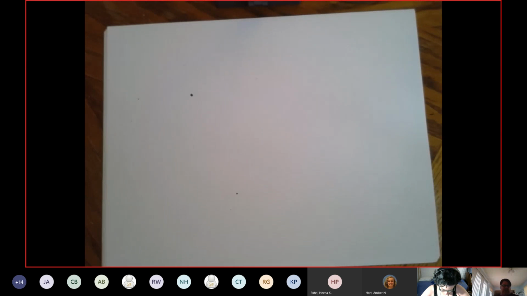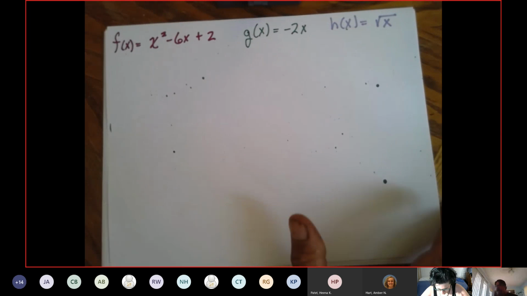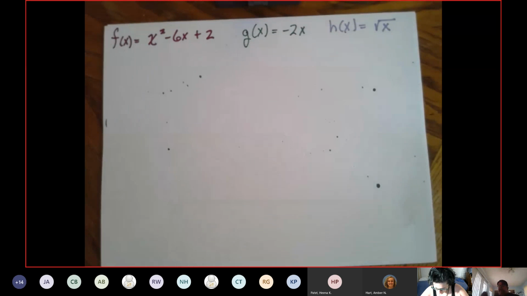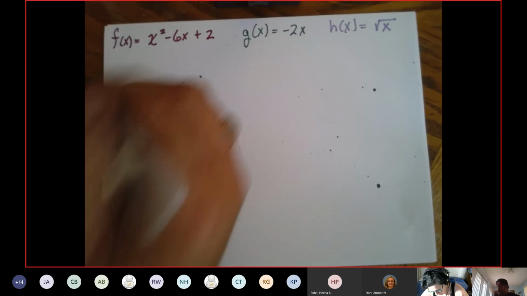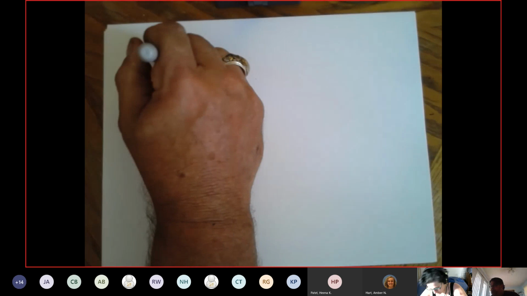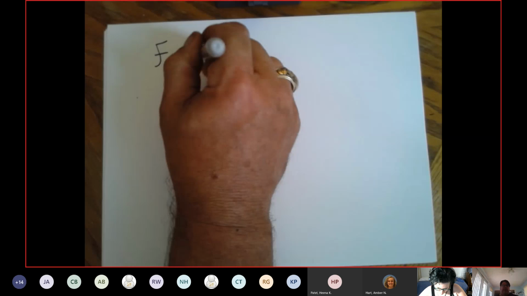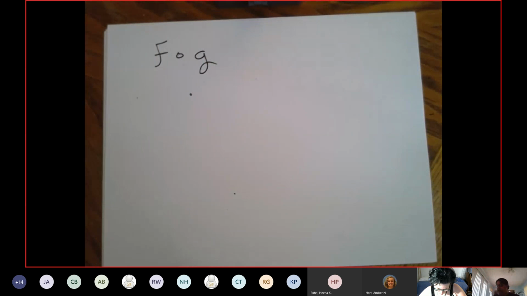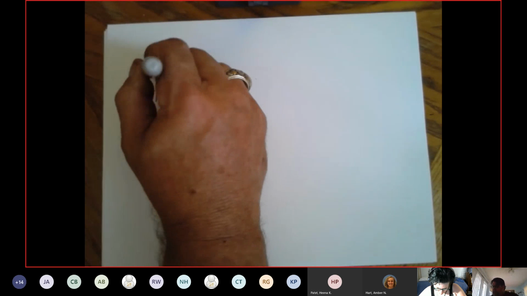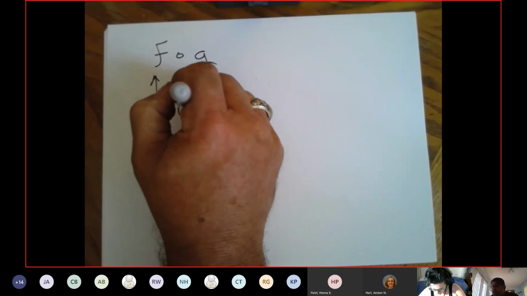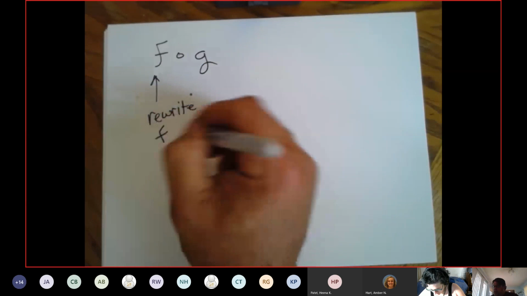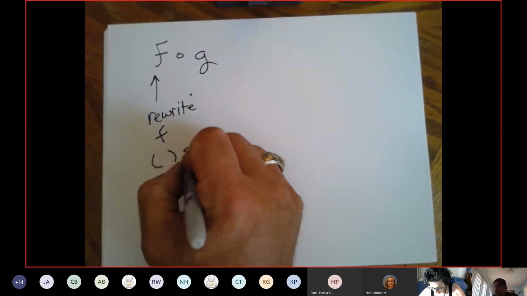And a lot of students don't know how to do it because the teacher never explained it to them. If I give you f composed of g, f of g, that means I'm going to rewrite f with a big set of what?